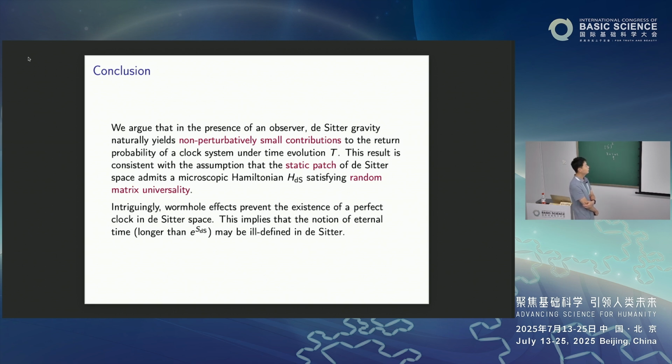If this is true, then such a wormhole geometry prevents the existence of a perfect clock in de Sitter space. If there's no perfect clock with which you can measure time, that indicates the notion of time is not well defined for longer than e to the de Sitter entropy. I'll end here. Thank you.